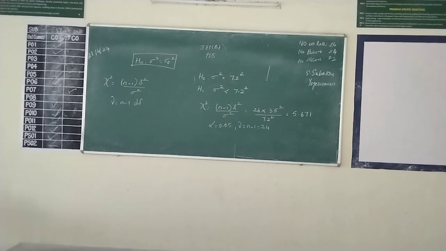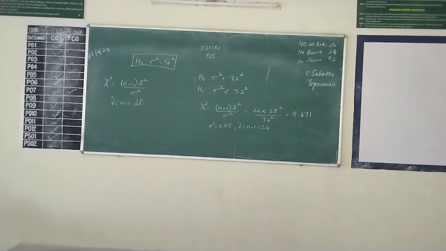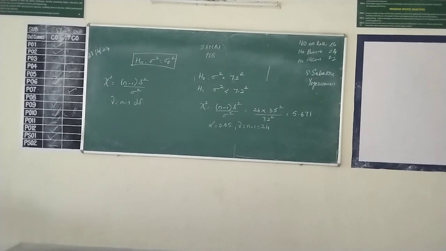Sigma square equal to... whether the claim is right or wrong, ma? Whether you can accept the claim or not? Give me one conclusion.